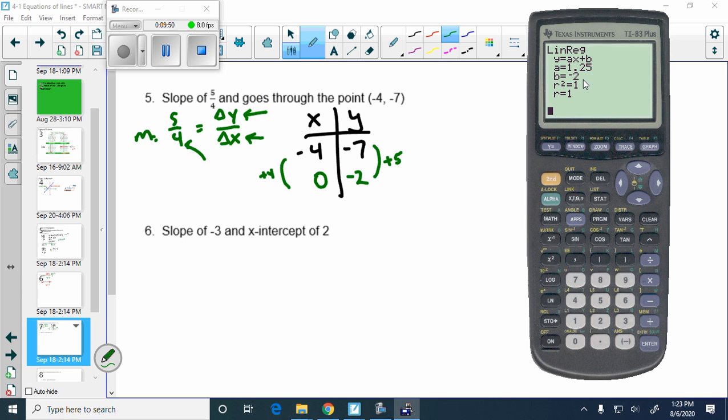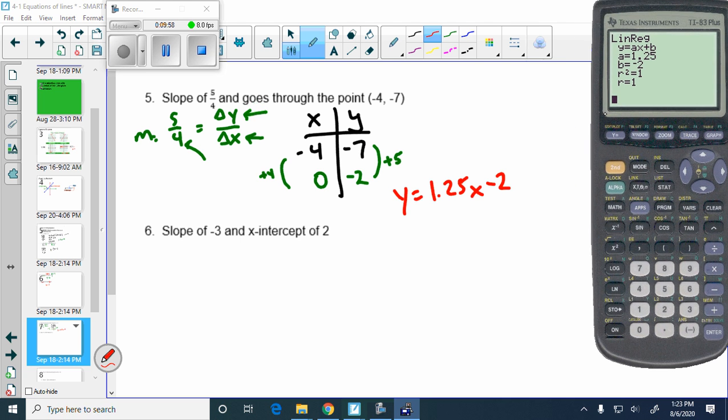Y equals 1.25x minus 2. Now it's probably also worth noting that it said over here the slope was 5/4. That's the same as 1.25, but you might prefer to write it like this, because the 5/4 is the same thing. And then I might notice also this point, in fact, 0, -2, is the y-intercept, which is why it ends with a -2.